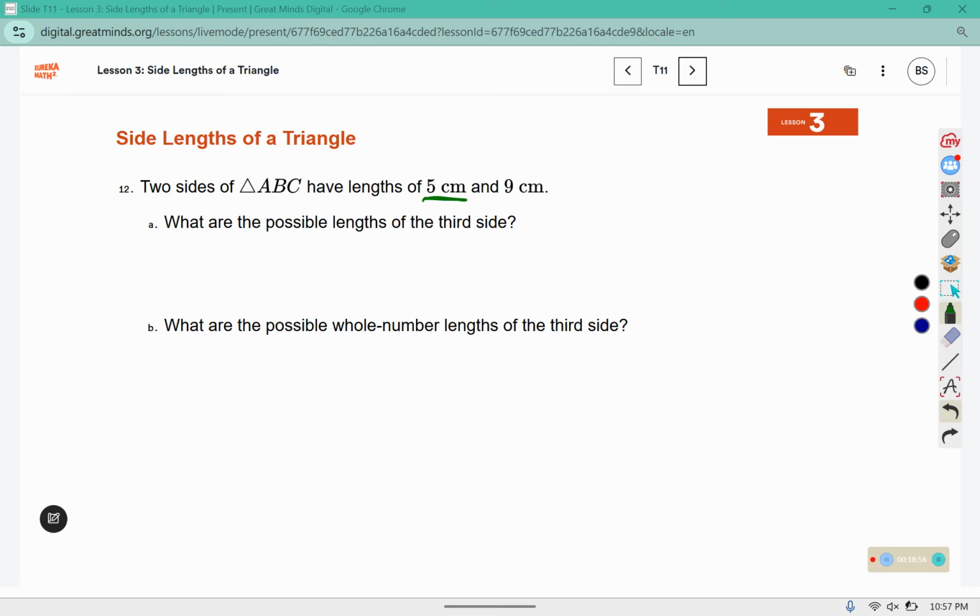So we have two possible options. 5 and the unknown side are the smallest, or 5 and 9 are the smallest. Either way, the sum of the two small sides has to be greater than the longest side. In this case, the longest side would be 9, and in this case, the longest side would have to be that unknown side length.